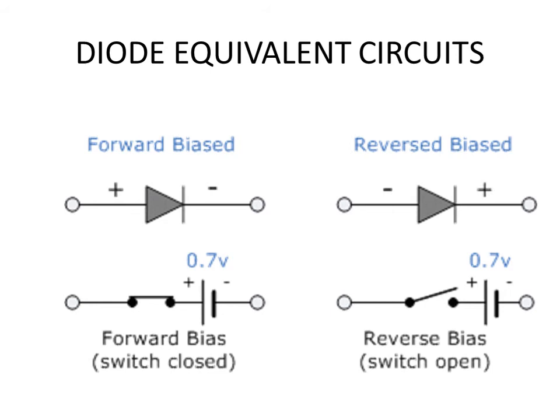At the top you have a diode which is forward biased, and in the bottom you have another diagram, which is referred to as the equivalent circuit. On the left side you have the equivalent circuit for a forward biased real diode, and on the right side bottom you have the equivalent circuit of a reverse biased real diode.